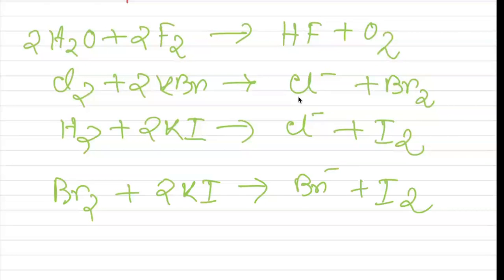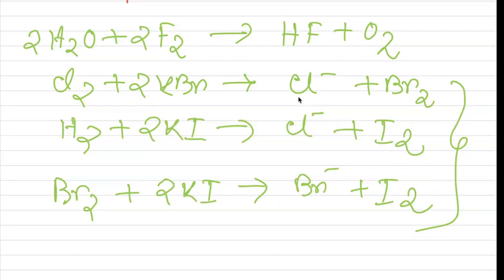Okay, so these three reactions have been used in the laboratory to identify bromide and iodide ions with the help of carbon tetrachloride or carbon disulfide.